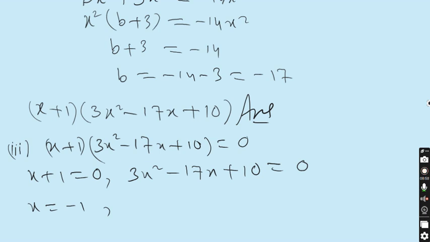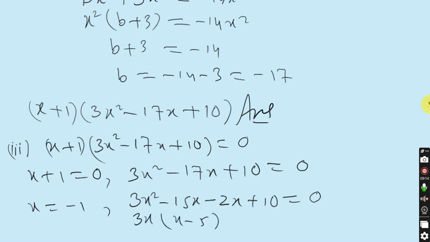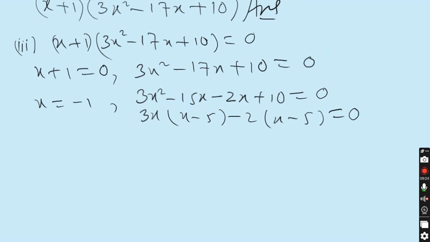10 times 3 is 30. I am applying the middle term break method. 3x square minus 15x minus 2x plus 10 is equal to 0. Taking common, 3x(x minus 5) minus 2(x minus 5) is equal to 0. From here, (x minus 5)(3x minus 2) is equal to 0.